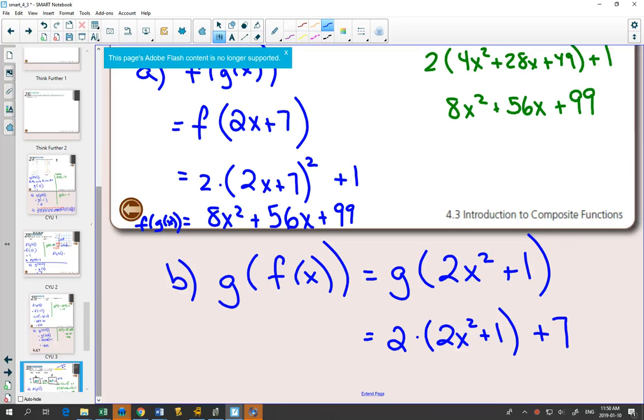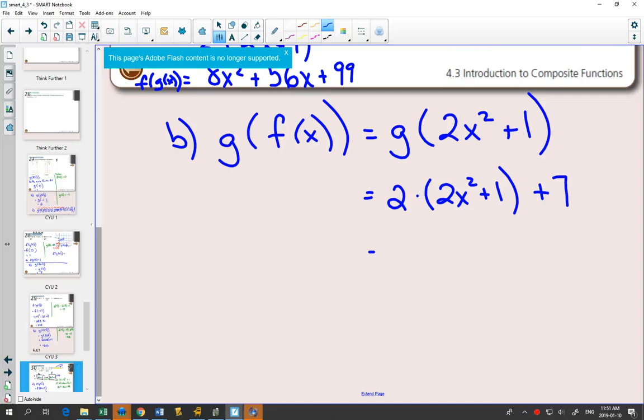So now we just have a little bit of simplification to do, so we'll get 4x squared, 2 plus 7 will be 4x squared plus 9. Now, both f of x and g of x in our equation had x in only one place, but sometimes you have functions that have x's in more than one place. So you would have to replace the x in both of the places with whatever you're plugging in.